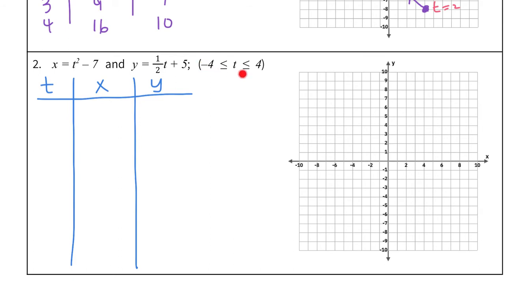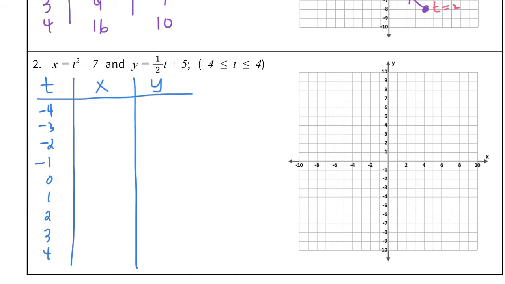From our interval, this is how much we have to have for t. So -4 all the way up to +4. So we have more points this time.